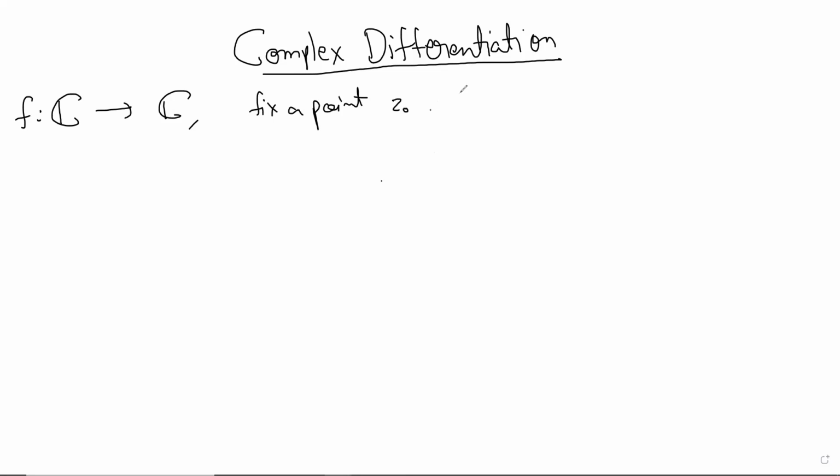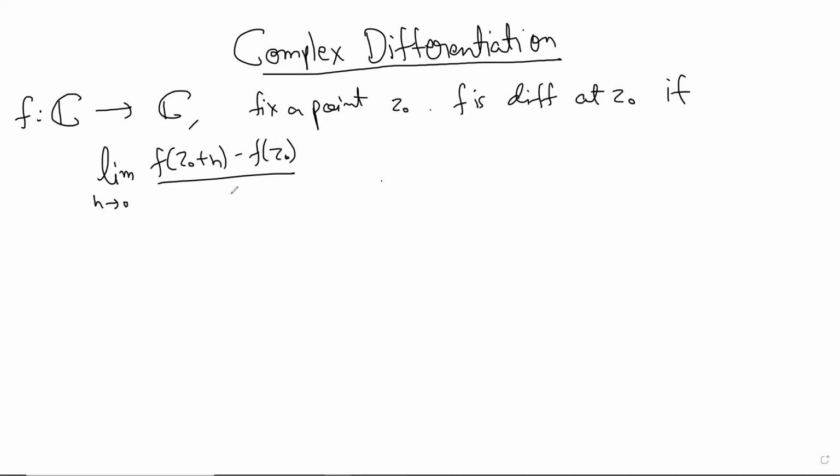Then we say that f is differentiable at z naught if the following limit exists: the limit as h tends to 0 of f of z naught plus h minus f of z naught, divided by h.